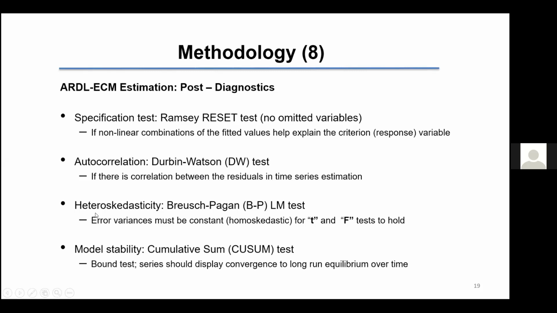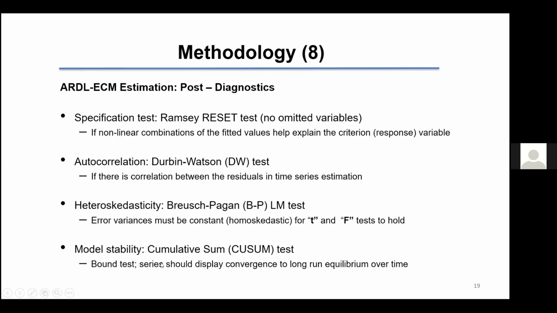The other thing that you must also check is heteroscedasticity. In simple terms, the variance of your error terms must be constant. If not, then your inferences based on the t values or the F statistics will not hold and will collapse, and that's why you have to check.